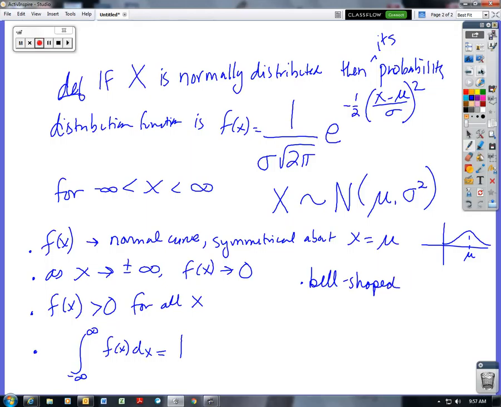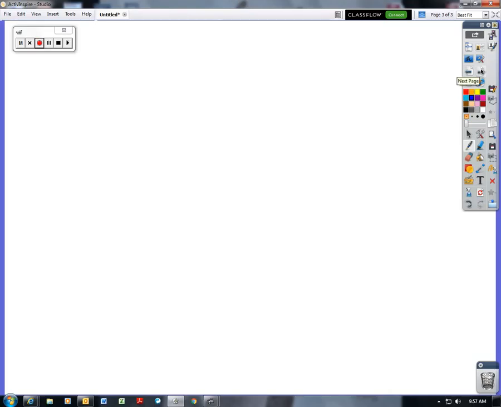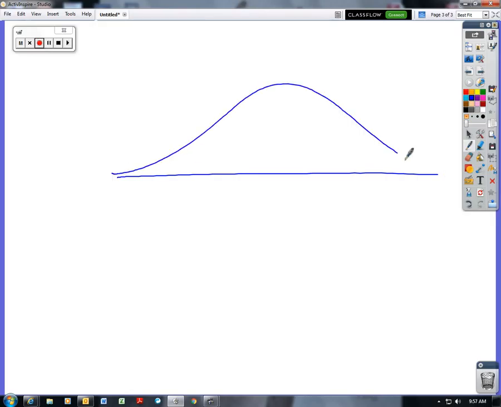Okay, let's head on into the next slide. This one we're going to get a little more specific. I'm going to draw a nice big bell-shaped curve. We know mu is in the middle.